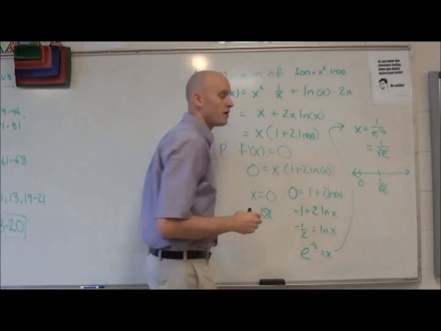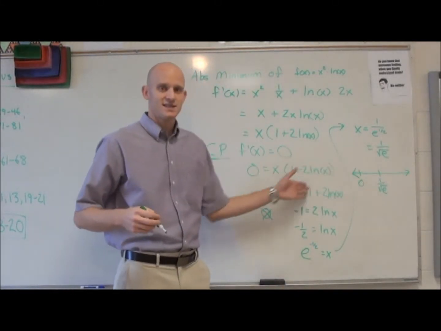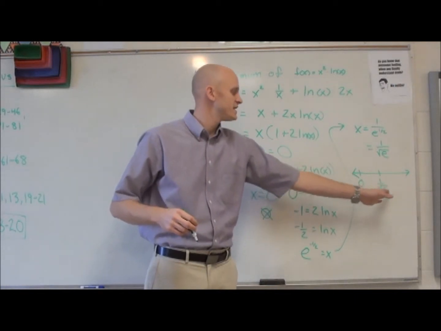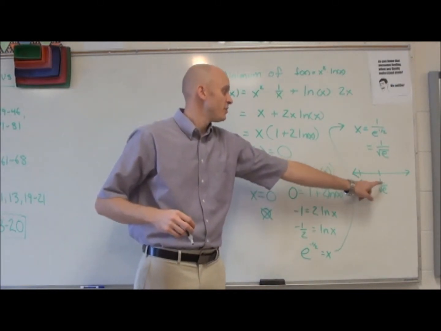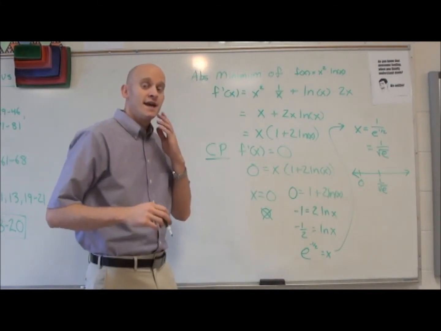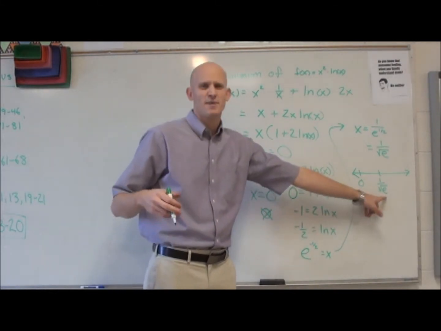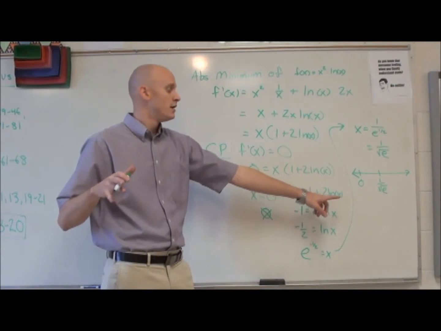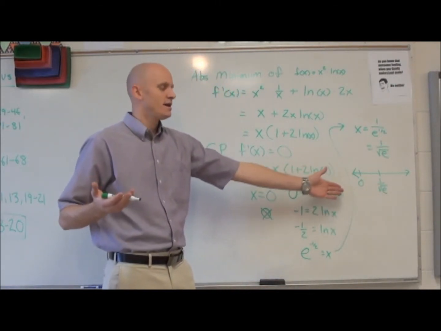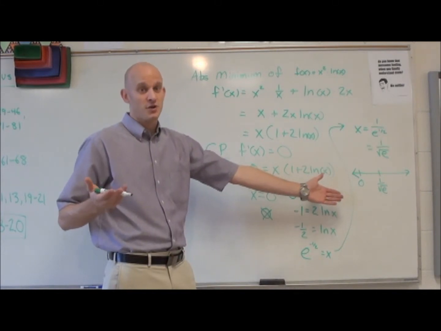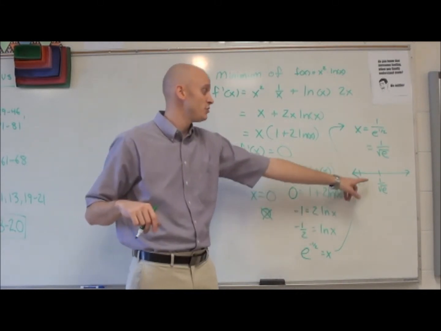We know that we cannot have a number less than 0. So I have to pick a number between 0 and 1 over the square root of e. This value, 1 over the square root of e, is a positive number because e is about 2.71-ish. So the square root of that is going to be a number that is positive. It's going to be greater than 1 but less than 2.